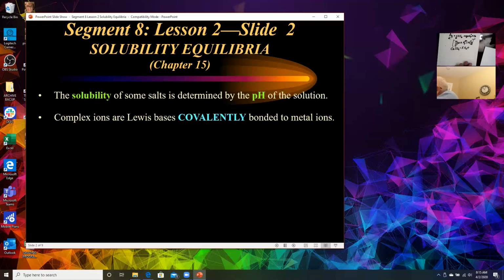I won't bother with drawing out the structure for you now, but the idea of forming complex ions, anything with a pair of electrons is a Lewis base. And when we put those together with a Lewis acid, in this case, you will make a complex ion.